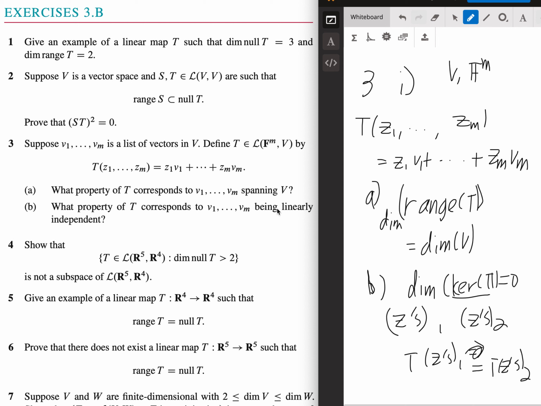Because then what happens is that you've got two non-trivial linear combinations of these vectors that are equal to each other, and then they're not linearly independent.